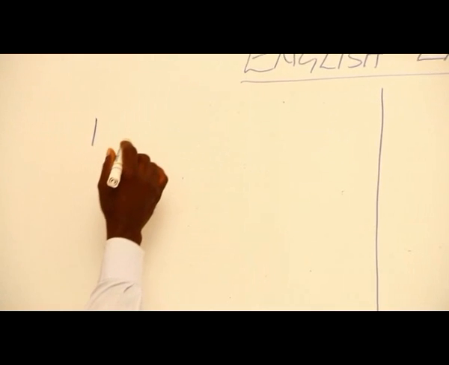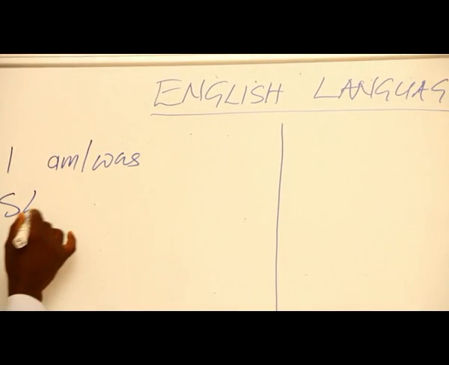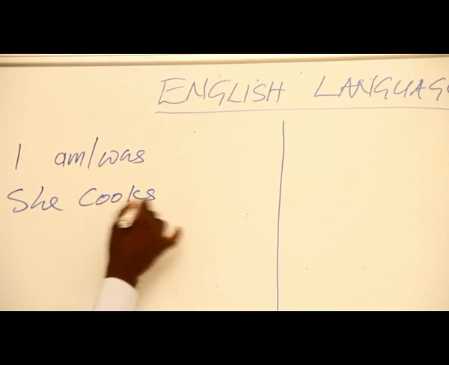The first person pronoun I usually agrees with a singular verb, such as I am for present tense, and then I was for past tense. But when it comes to the use of main or lexical verbs, it will no longer be taking the singular verb. It will take the plural verb. So instead of the case of she cooks the other time, remember?